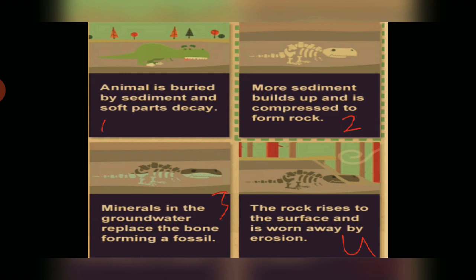Due to the increasing overlying weight, the remains become compressed and form rock. And when groundwater passes through the rock and dissolves the bone, the minerals in the water precipitate inside the bone and replace it, forming a replica of the original bone, called a fossil.